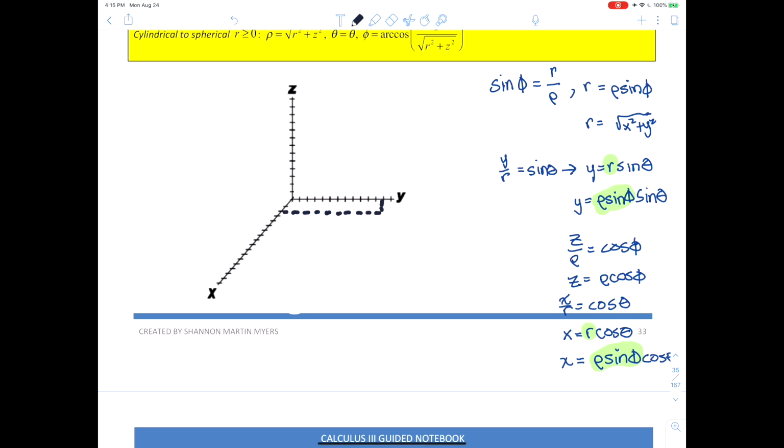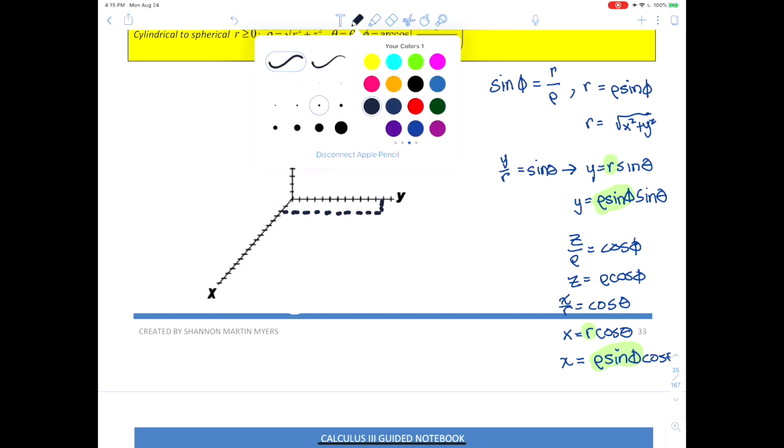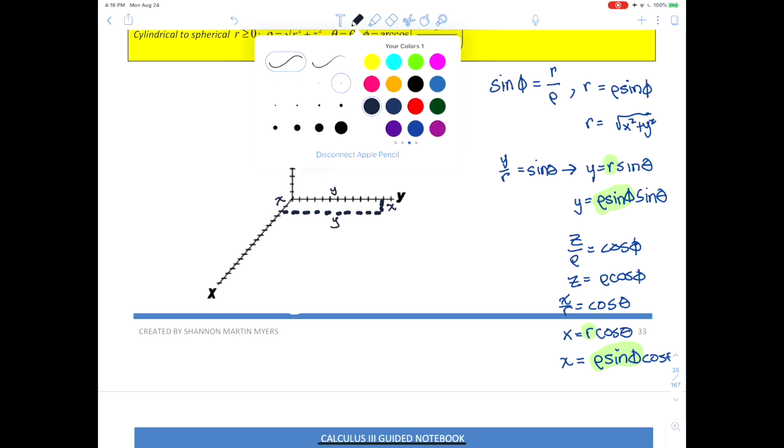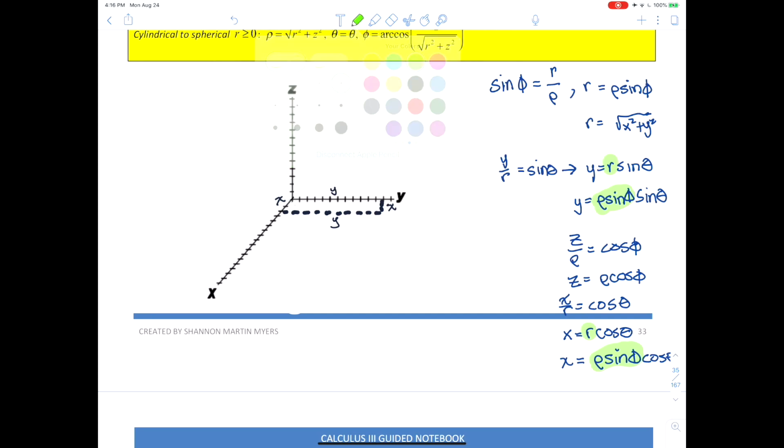And so this here is x, and then y, right? And then we know that r goes in like that, right? So that's r.